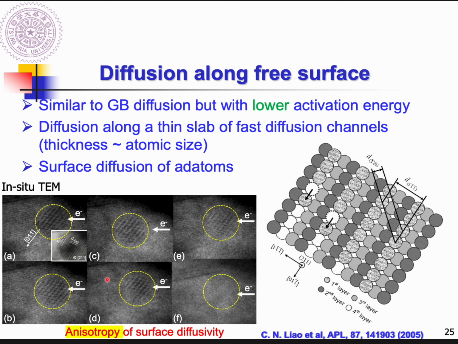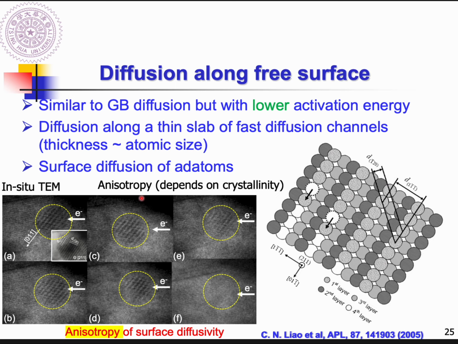As a function of time, finally all these copper atoms diffuse away, so we cannot see any fringes anymore in figure F. This is a case demonstrating that surface diffusion really happens on the surface of your materials.